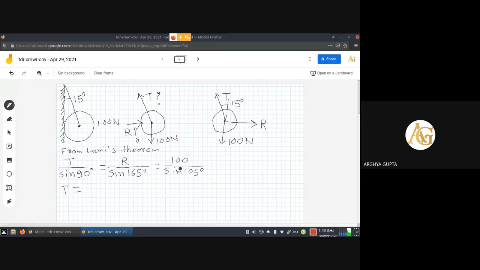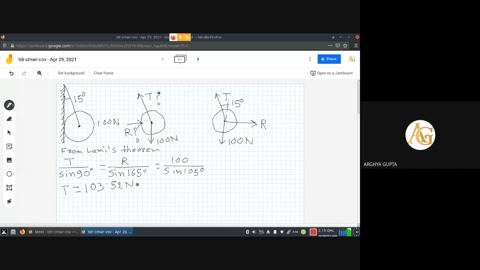So T is equal to 100 by sine 105, which is 103.52 Newton.